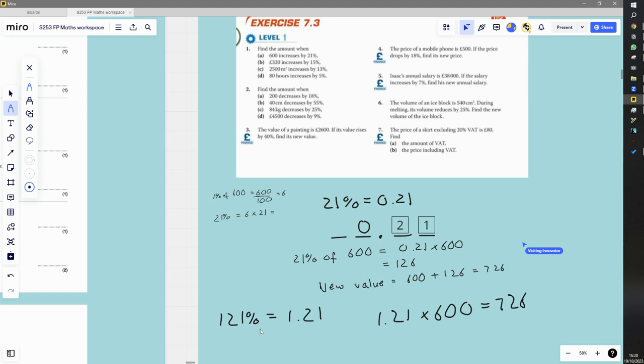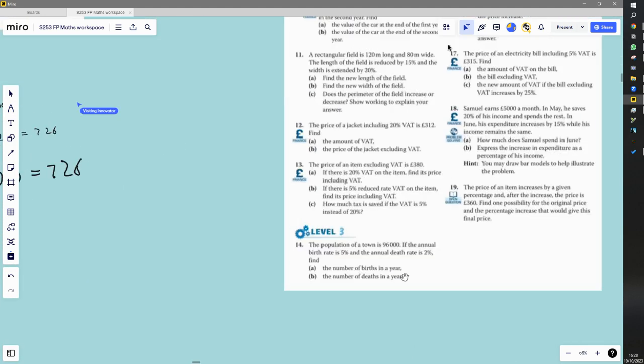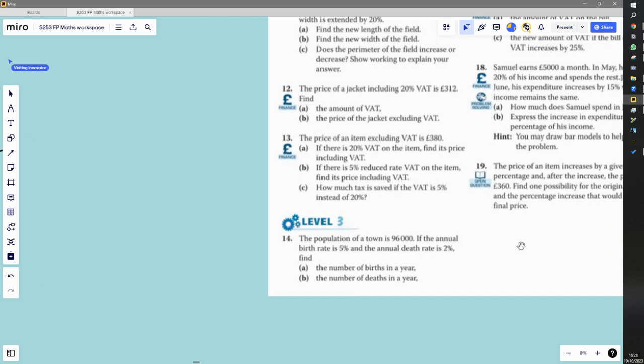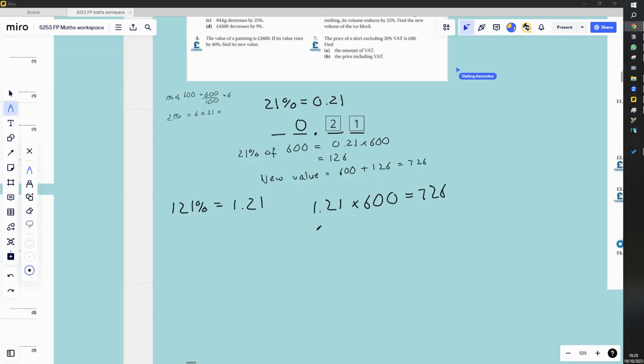Now, let's just skip ahead and see some of these harder questions. I'm just going to pause the video for a moment. Okay, so what about if it increased by 21% 2 times? So it increased by 21%, now it's 726, and it increases by 21% again.